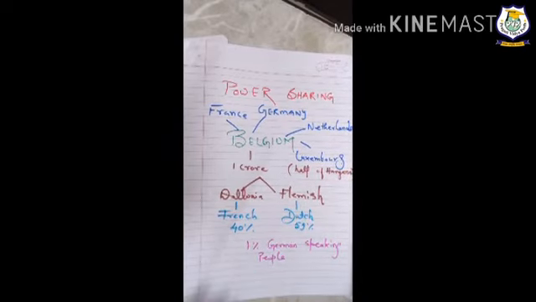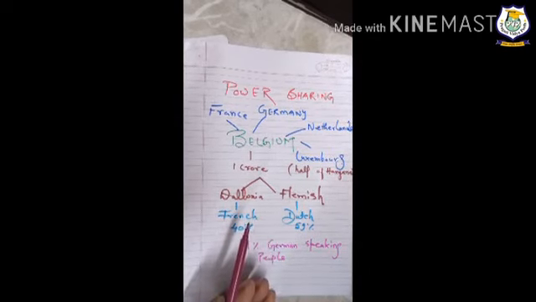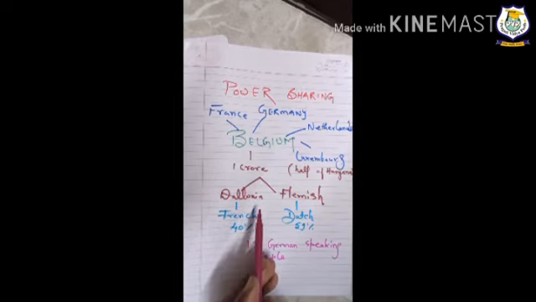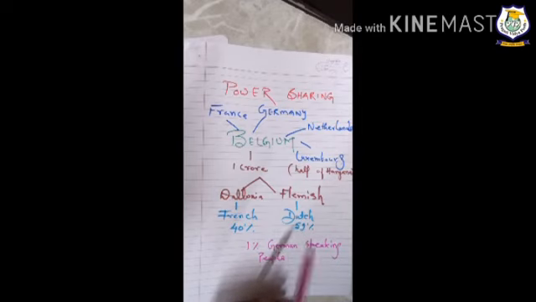So this is the ethnic composition of Belgium: a small nation with about 1 crore population, with the regions Wallonia and Flemish.